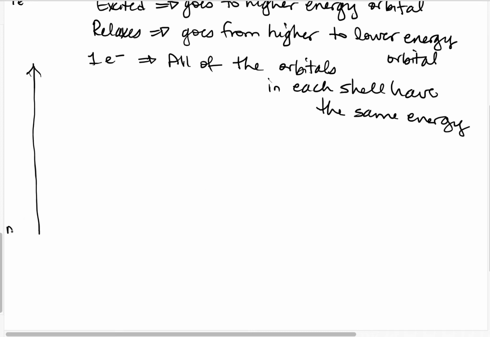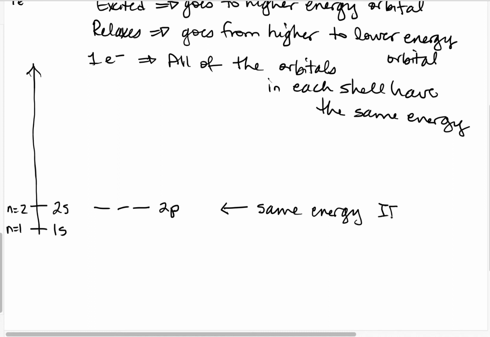So we have an n equals 1 shell, and that has a 1s orbital. And we have an n equals 2 shell, and that has 2s, but it also has 2p. And if you have one electron, these are at the same energy, but only if we only have one electron.